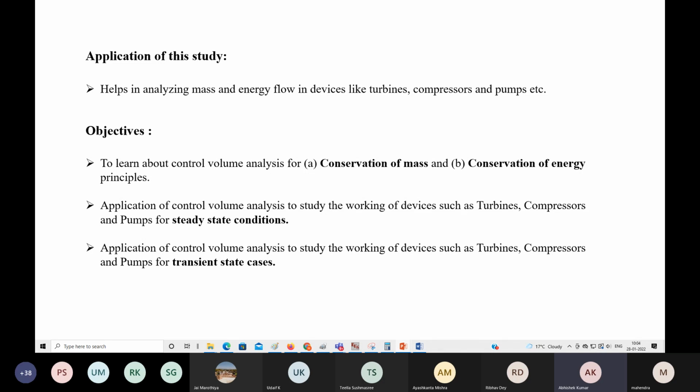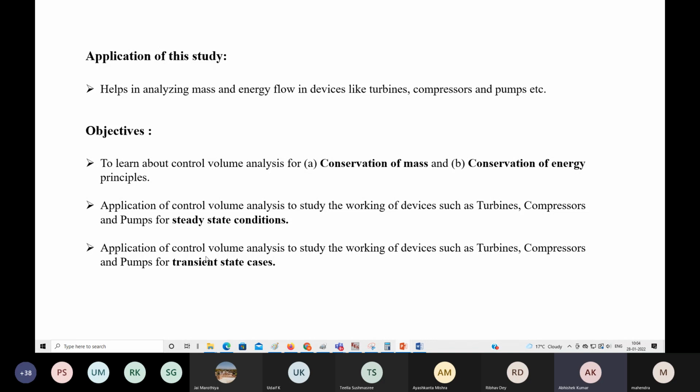Whatever burnt gases are there are pushed out. That time also the control volume boundary is moving. But irrespective of the boundary moving, if you consider that itself as your control volume, then mass is reducing. These all are transient state cases.